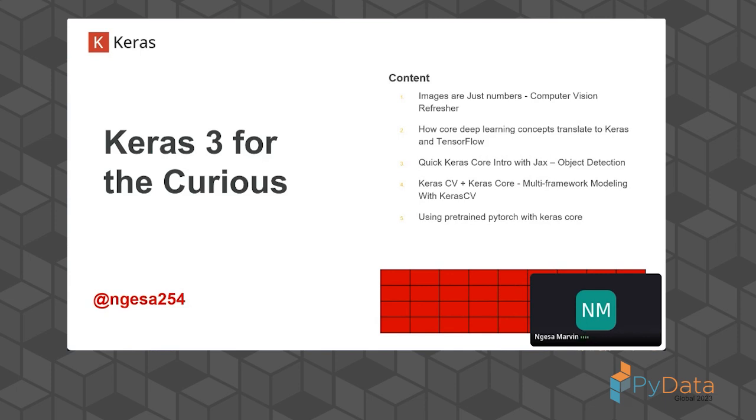I'm also going to take you through the different deep learning concepts and show you how these concepts translate to Keras and to TensorFlow, and the difference between Keras and TensorFlow and how the two work together. And then we'll see a quick object detection with Keras Core and JAX, together with other tutorials around Keras 3.